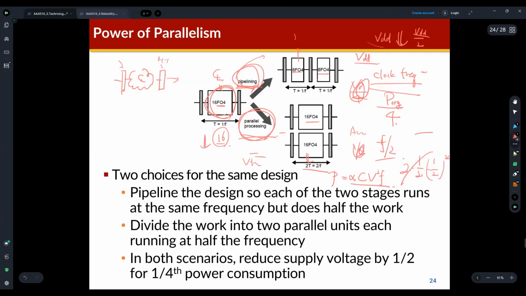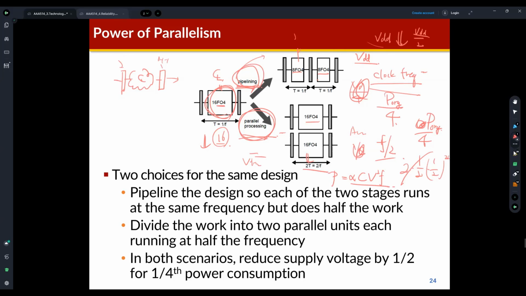So the power consumption becomes 1 over 4 of the original power consumption. So that is also the benefit of parallelism.